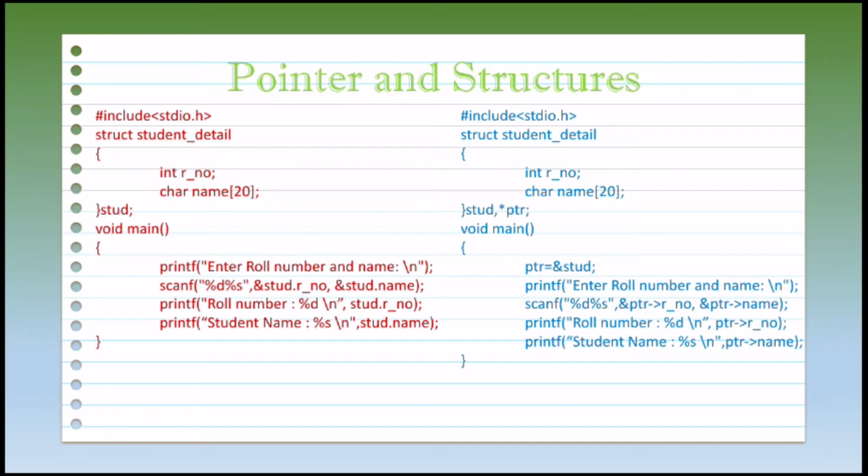Even while printing, in the first example we are using structure variable, that is stud, whereas in the second example instead of using structure variable we are using pointer variable, and for that we are using the arrow mark.